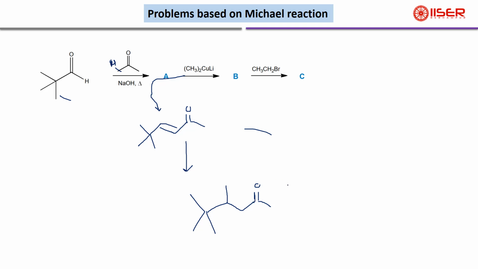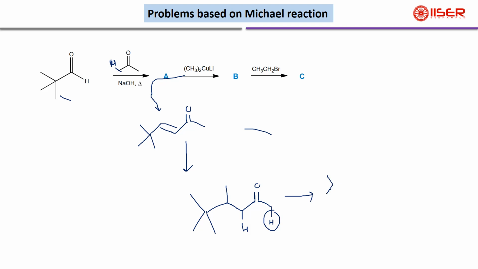Next, an ethyl bromide has been added. If you add ethyl bromide, what will happen? As a base source is already there, among this proton and this one, which one is more acidic? Obviously this one is more acidic. So this will be taken up and it will attack this ethyl bromide.